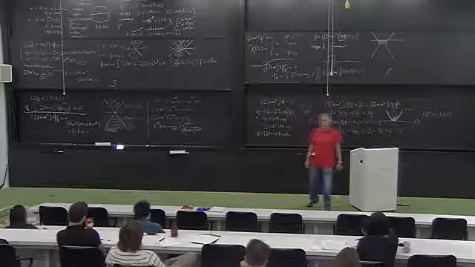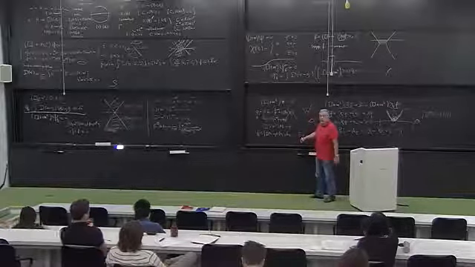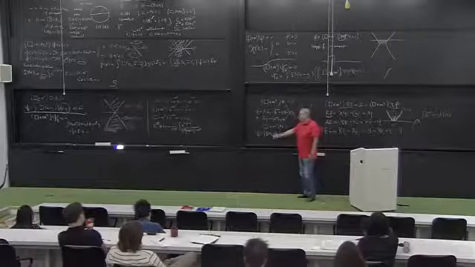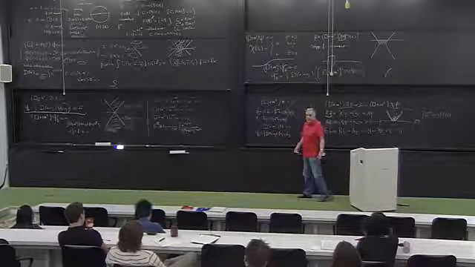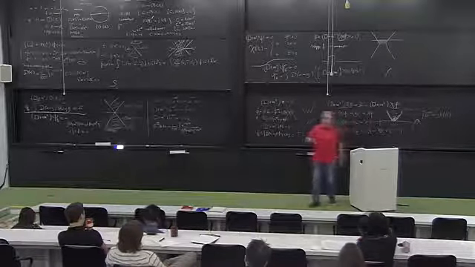Because this is going to be true also on curved spacetime, where you don't have the Pauli-Jordan function, but something else, of course. But this mapping is also true for globally hyperbolic spacetime.